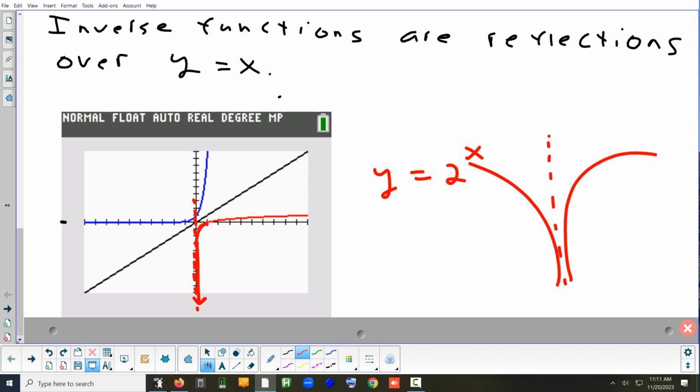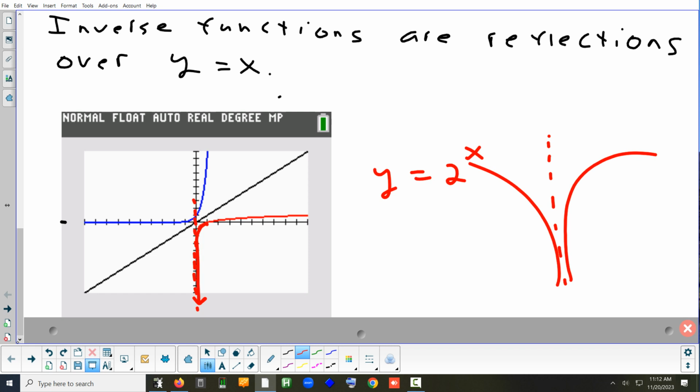Does it reach 0? No, because that's an asymptote. How far right does it go? Infinite. So the domain of a logarithm function is 0 to infinity. You cannot plug negative numbers into a log. You can, but you'll get imaginary, and we're not doing imaginary logs.